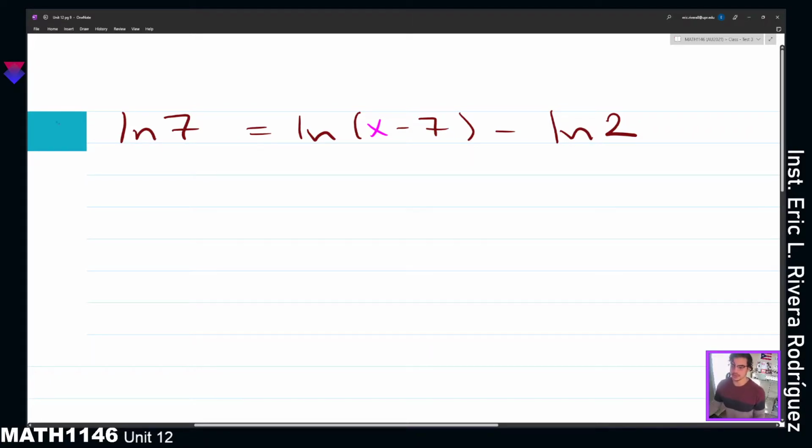What I'm going to do here is, since we have the same base on the right side for both logarithmic functions, and we have a subtraction, I'm going to use the quotient property. Using the quotient property, I can combine the two arguments into this fraction.